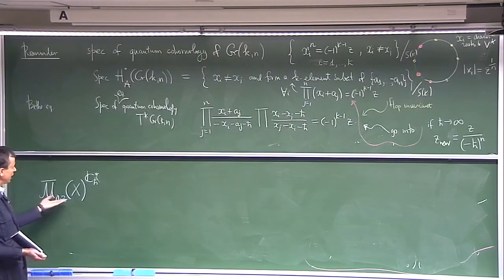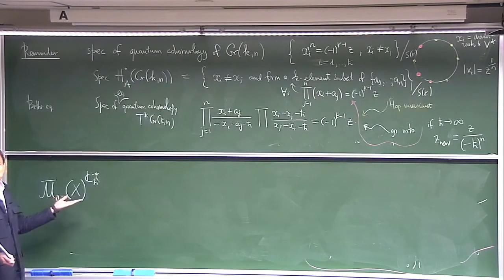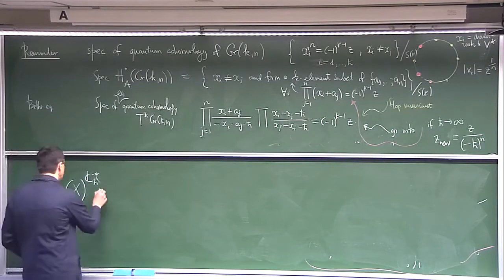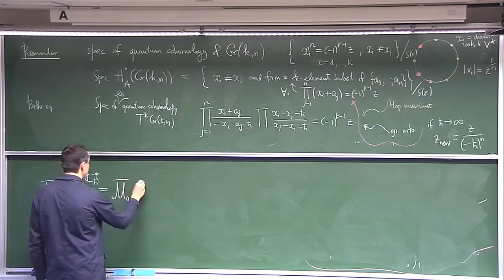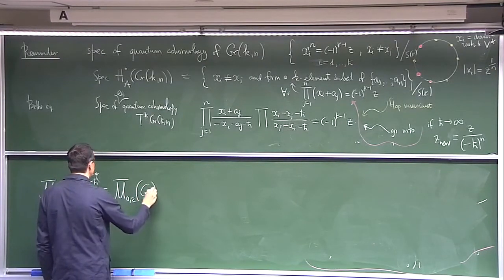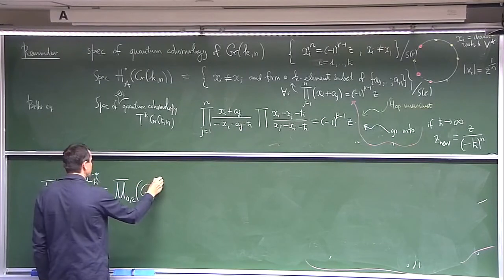So the only way a map can be fixed under this is if it really sits inside Grassmannian. It doesn't have to be 2 marked points, any number of marked points.